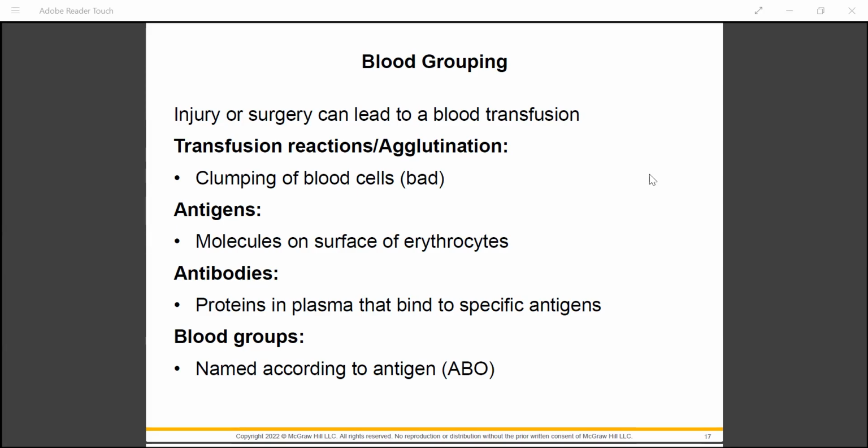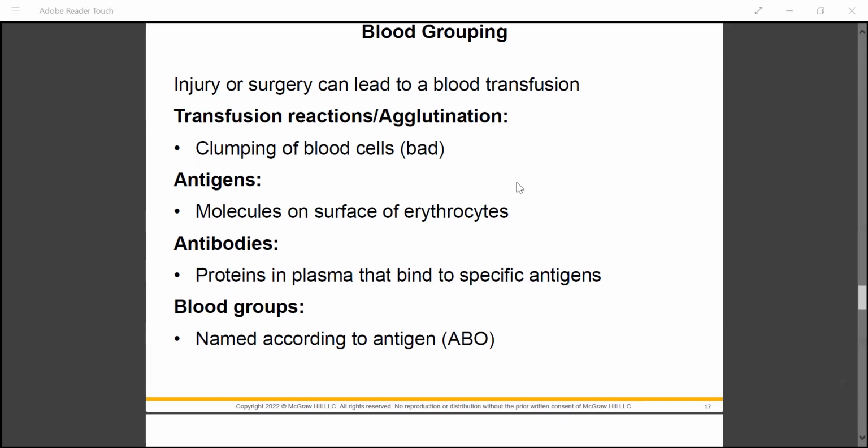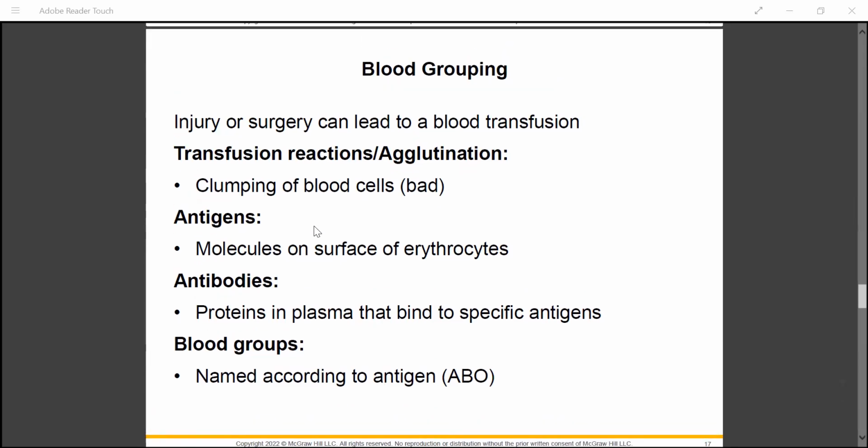A few terms that I need you to know to understand this is the term antigen. Antigens are molecules that are found on the surface of our red blood cells, or the surface of our erythrocytes. Our antibodies are proteins that are floating around in our plasma, and their job is to locate specific antigens.